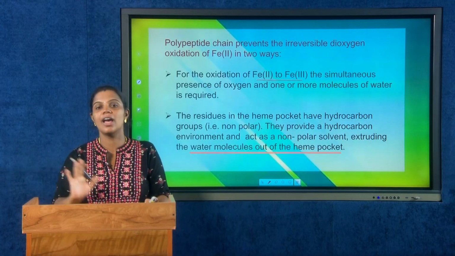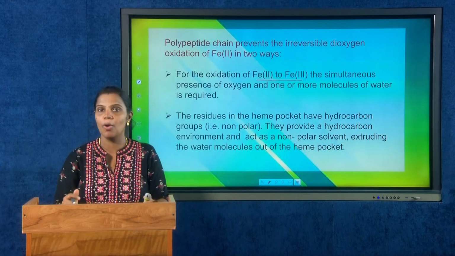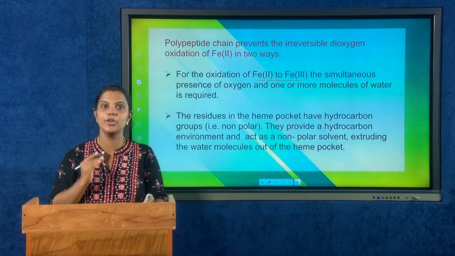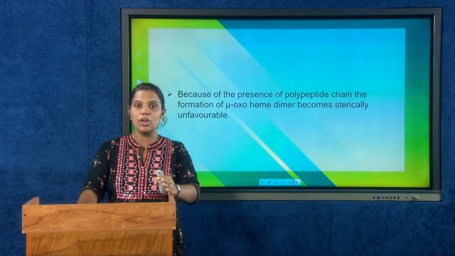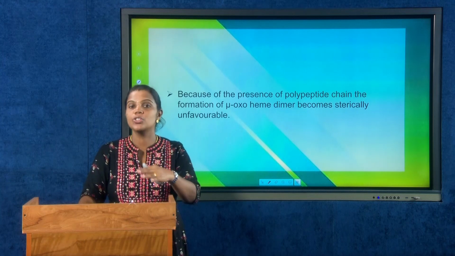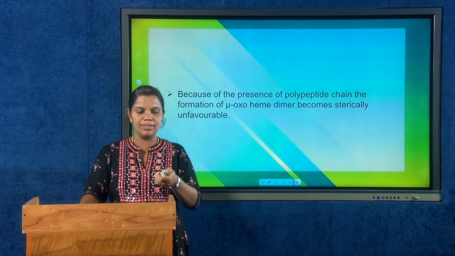So, it will not allow the water molecules to come and attach in the heme pocket, and thus it will prevent the oxidation of iron 2+ to iron 3+. Because of the presence of this polypeptide chain, the formation of the mu-oxo heme dimer becomes sterically unfavorable.